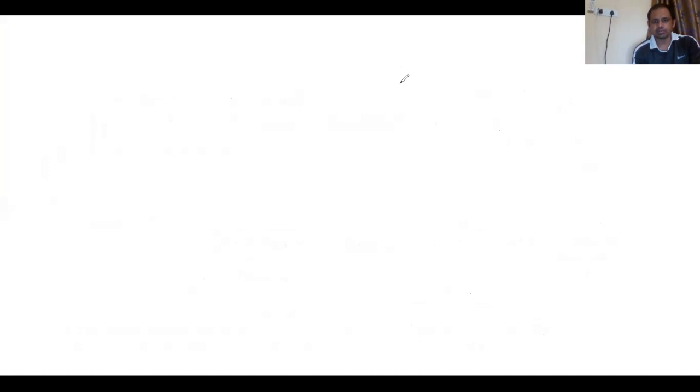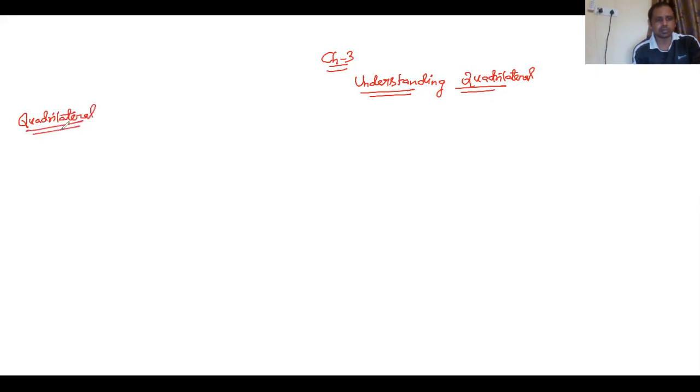A polygon with 4 sides is said to be a quadrilateral.